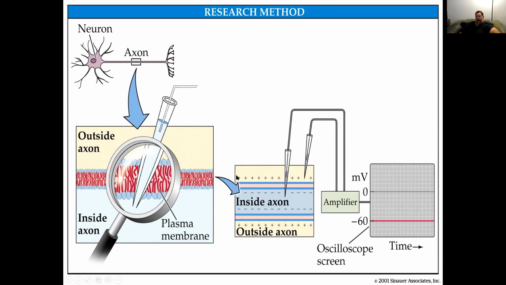That is because the outside of the cell has a lot more sodium atoms. And if you're familiar with sodium atoms, they are positive ions from chemistry, meaning that they have an extra proton in comparison to electrons. Hopefully that's something that you're already familiar with. And so a lot of sodium atoms on the outside give the fluids on the outside a positive charge.